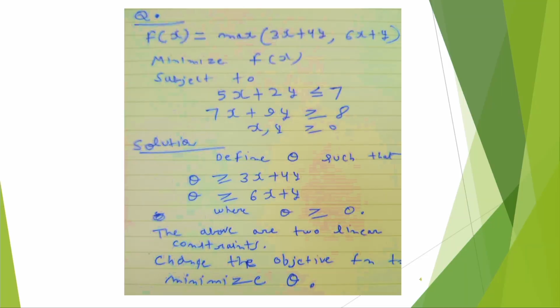This is also not an LP problem, because in an LP problem, in the objective function you need one function, but here there are two functions. So we can define another variable theta. That theta will be such that theta will be greater than 3x plus 4y, and theta will be greater than 6x plus y.